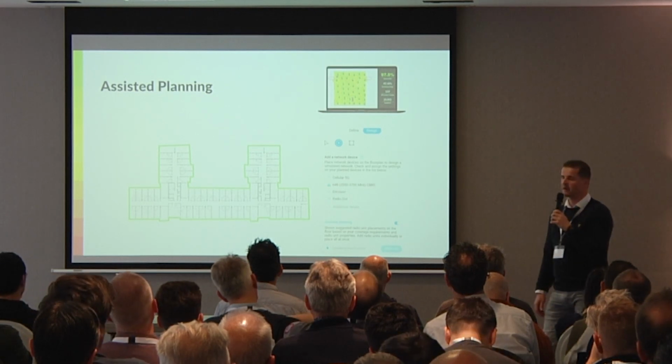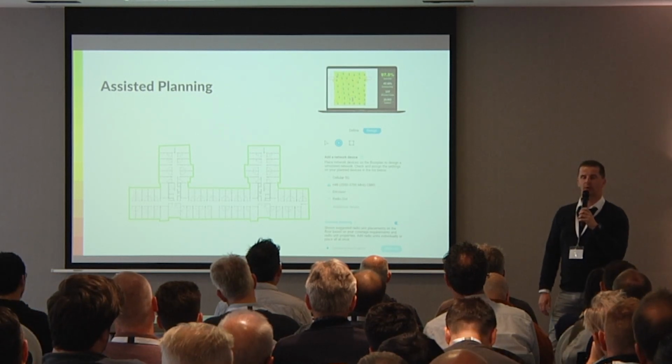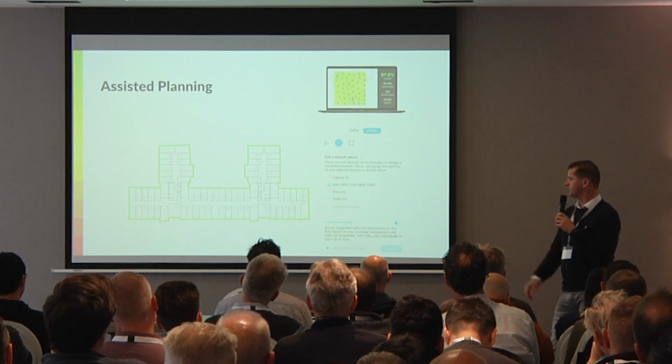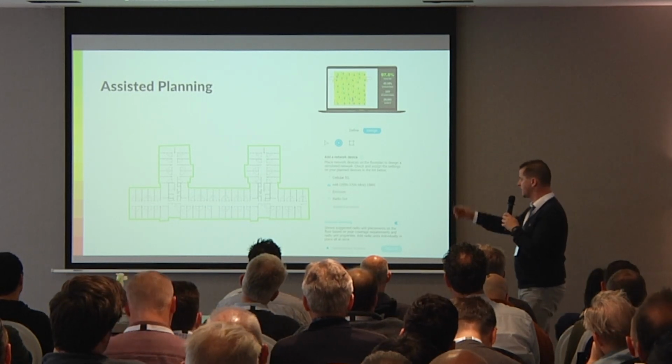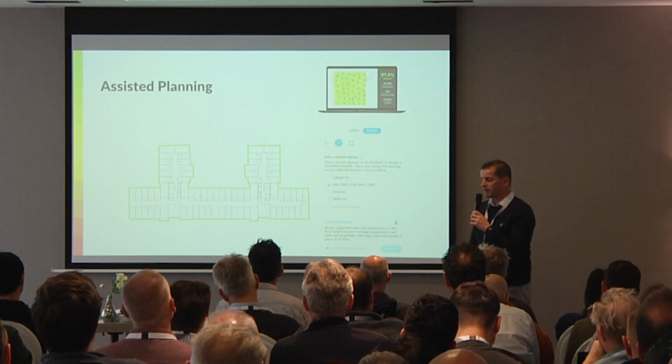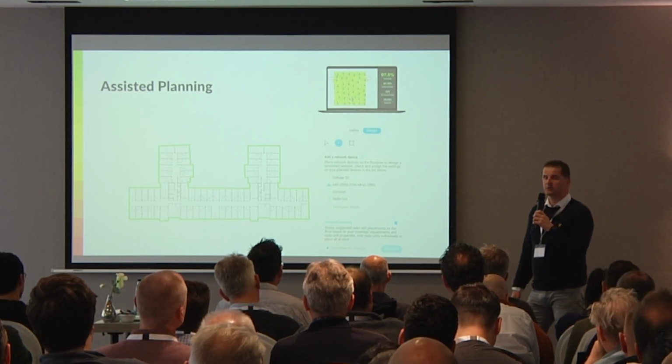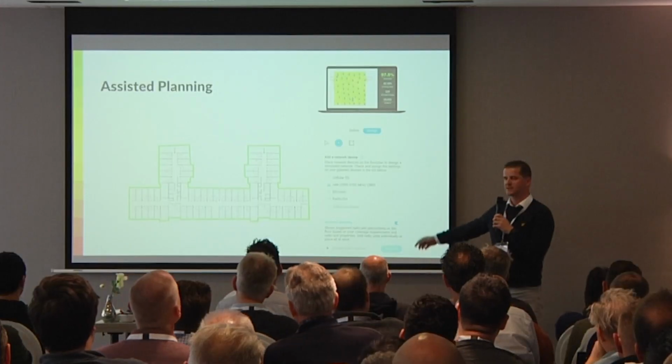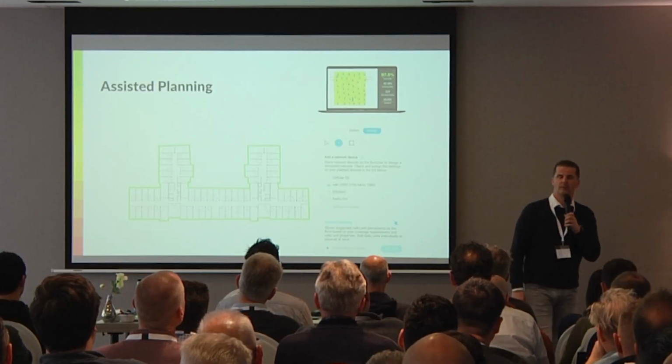That's my area, where I want to design my 5G or 4G mobile network. In this case, I've selected Ericsson, and Ekahau is going to calculate for you. There's a functionality called assisted planning, which is enabled by default.